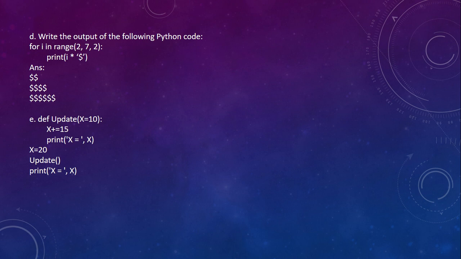But the x equal to 20 value will not be reflected anywhere inside the function, because it is global value and we have not used that value inside by using the keyword global. So x remains local in the update function. So the output remains x equal to 25 because of the call of the update statement, and since the value of x has not changed globally, therefore x remains 20.